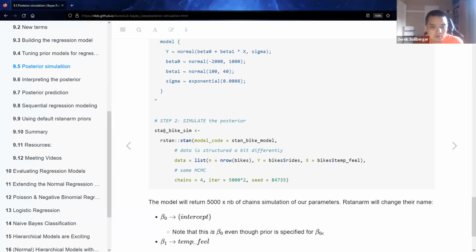We would then create a simulated model. The data itself, you have to be a little more specific, but the ideas for how much we want done for the MCMC are the same.